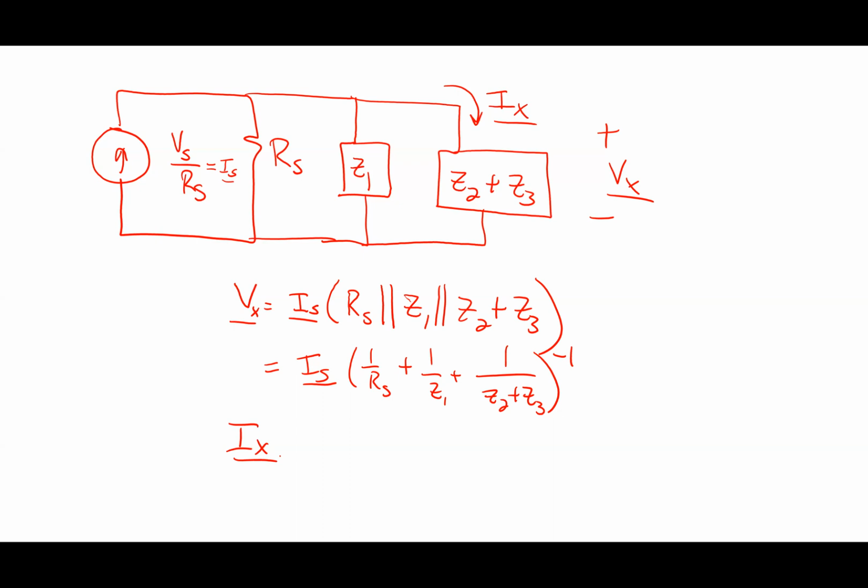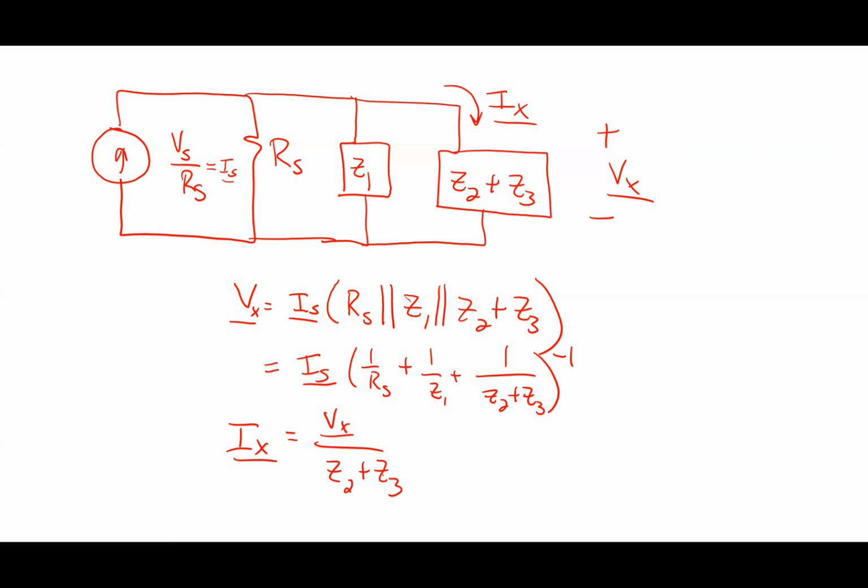Right, so I just want to know the current in that one branch. I know the voltage across that branch. I know the current going into a parallel combination. That current splits three ways, and the combination of how it splits gives me the voltage. So I say it's whatever Vx is divided by Z2 plus Z3.